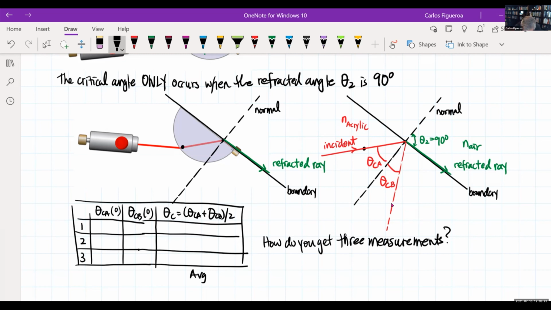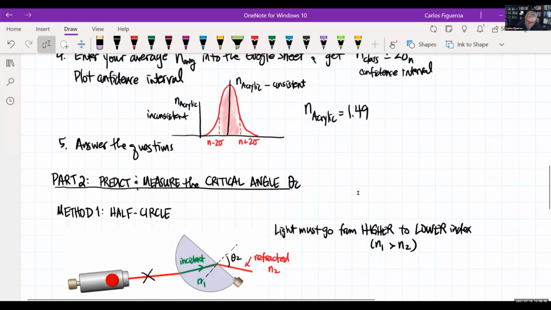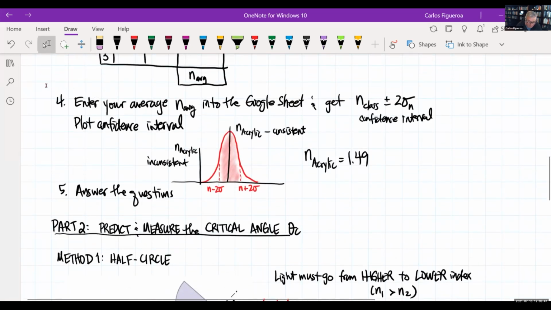That means remove the half circle and then repeat the process. Remember, science is about making multiple measurements so that you can create a confidence interval. Then as before, just like we did before, I could come over here and what do I want to do?